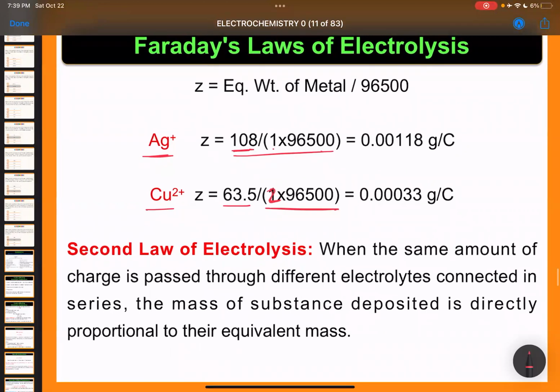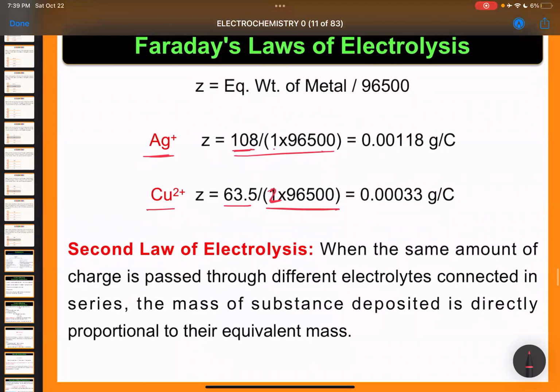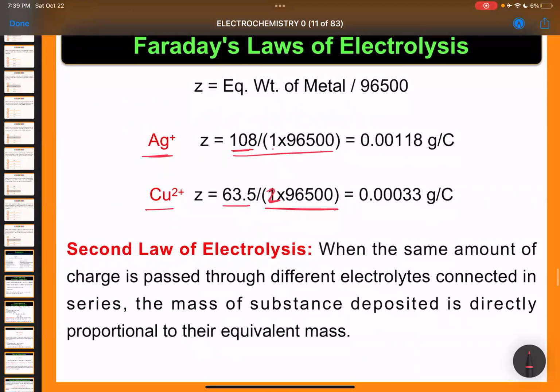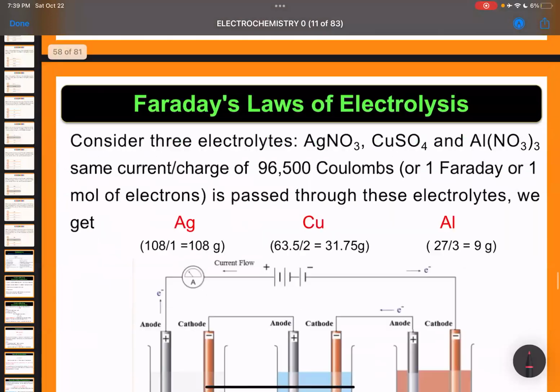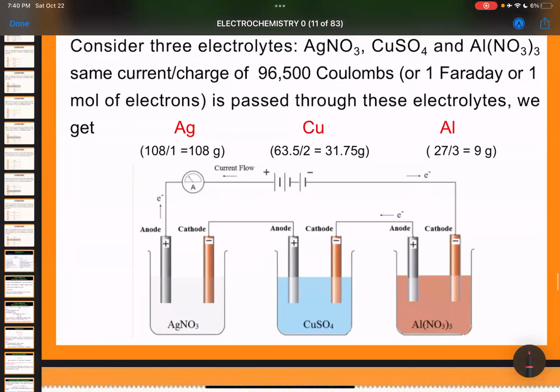So second law actually, suppose you have different electrolytes, look here. When you have connected them with each other, and the same amount of current is passing through all three of them, the mass of the substance which is going to get deposited is directly proportional to their equivalent weight.